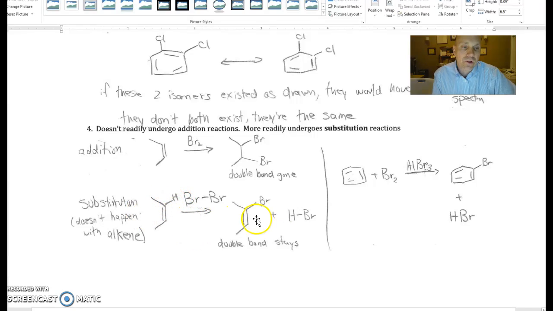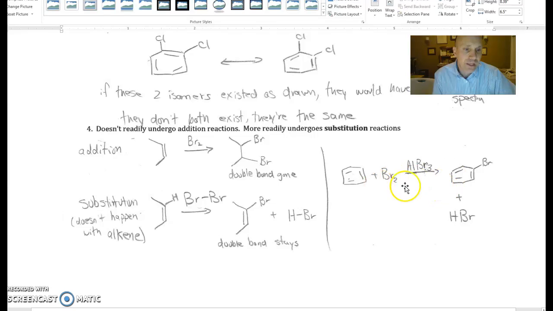So if we take benzene and we treat it with bromine, and you're going to need this aluminum tribromide catalyst, or I guess this would be just aluminum bromide. If this were to undergo an addition reaction, what you would notice is that you would get two bromines added, and you would end up getting rid of that double bond. Because remember, in an addition reaction, you lose that double bond.